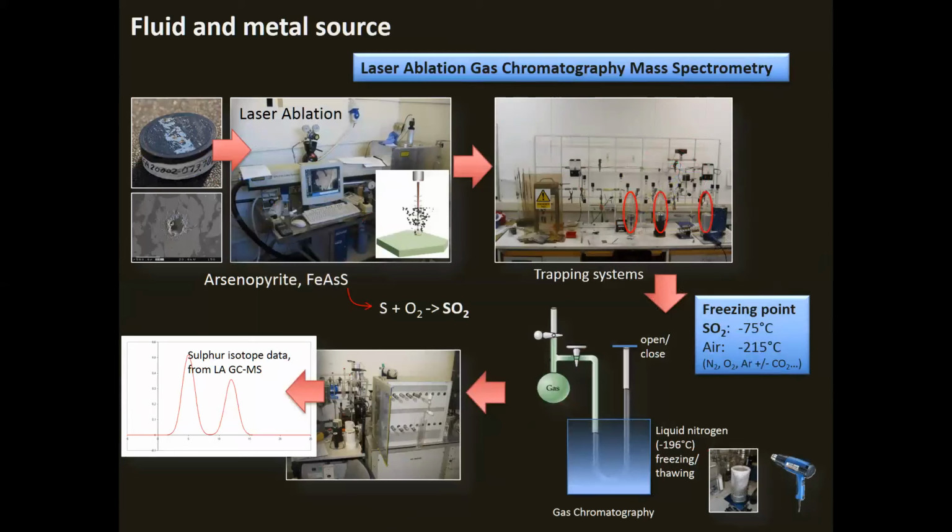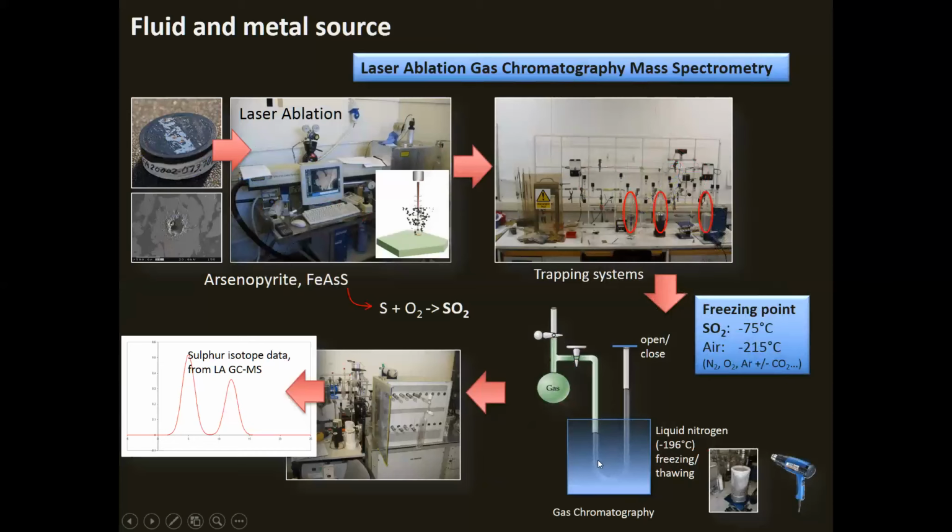So we take the sample from the laser ablation chamber and put it through a trapping system of gas chromatography systems in a series setup. What we are doing here, I will use the pointer. We introduce the sample this way.